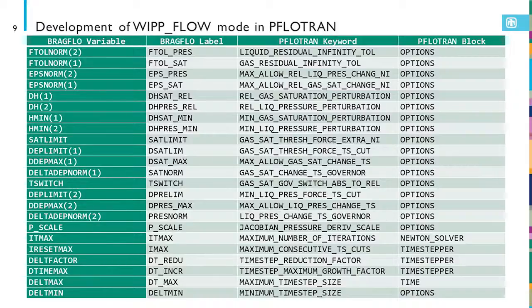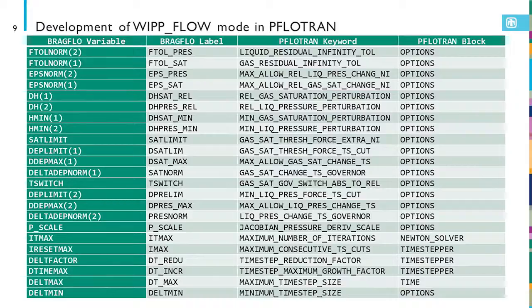The Jacobian has a particular type of scaling applied to it, the maximum number of Newton iterations, the maximum number of time step cuts allowed, and the way in which time step is ramped either as it's increasing or decreasing. So these things were all made to behave the same way in PFLOTRAN's WIPP flow mode as they do in Bragg flow.